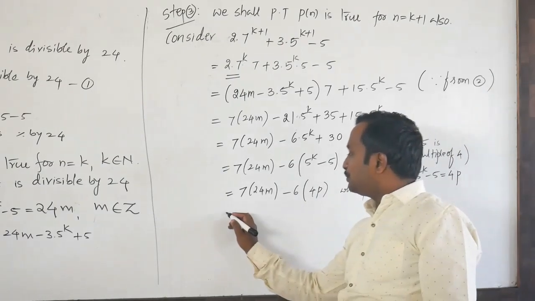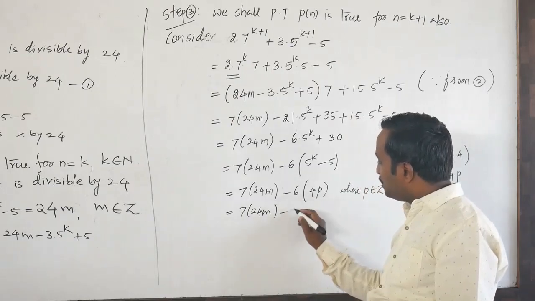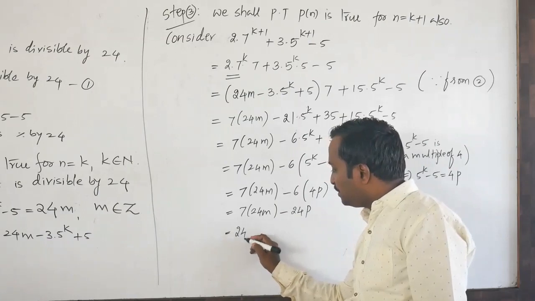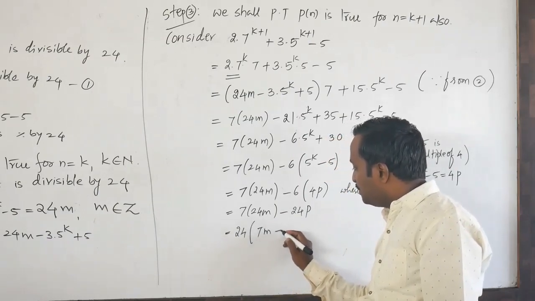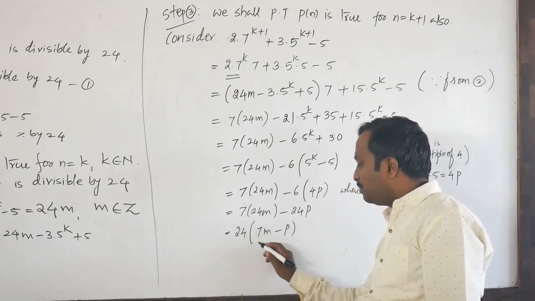So 7 into 24m minus 6 into 4p: 6 4s are 24p. What is common in these? 24 is common. So 24 into (7m minus p), some number. We got it.